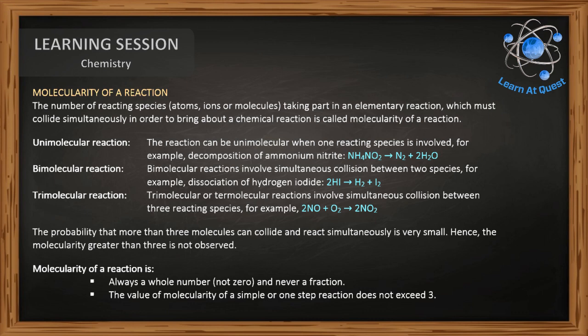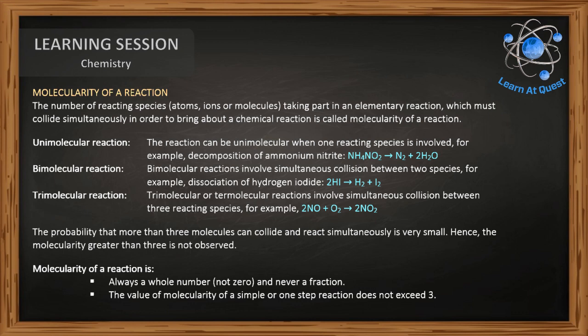Similarly, a trimolecular reaction is a reaction which involves the simultaneous collision between 3 reacting species. Trimolecular reactions are very rare. Let us take an example. A trimolecular reaction involves 3 reacting species which simultaneously collide. The reaction of nitric oxide with oxygen to form nitrogen dioxide is an example of a trimolecular reaction.